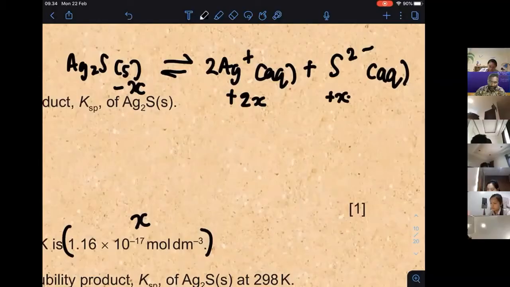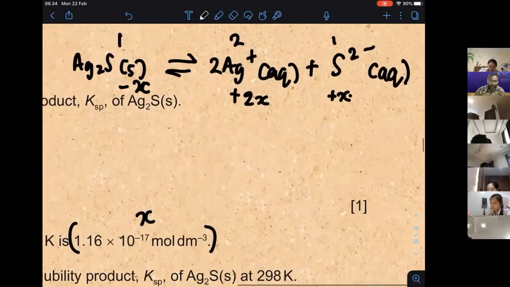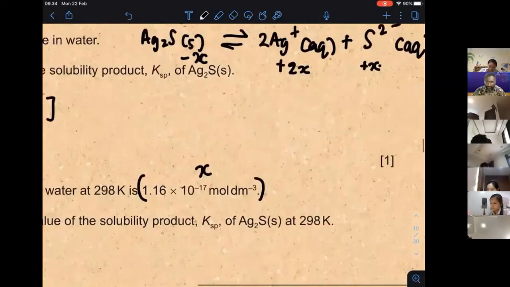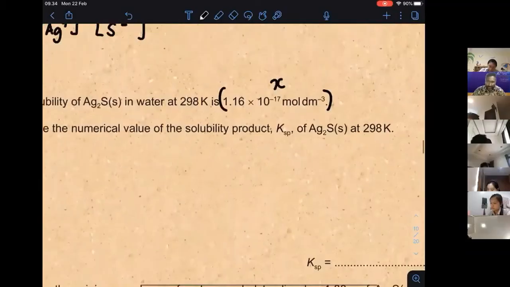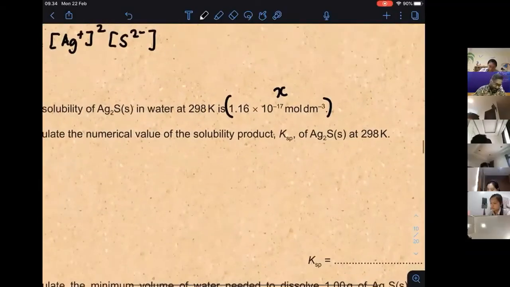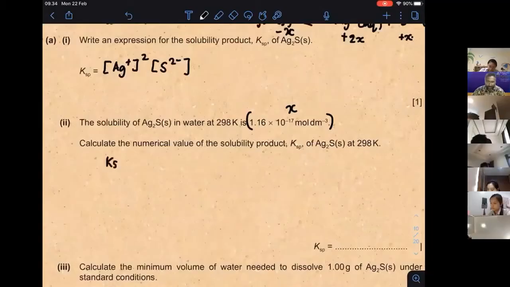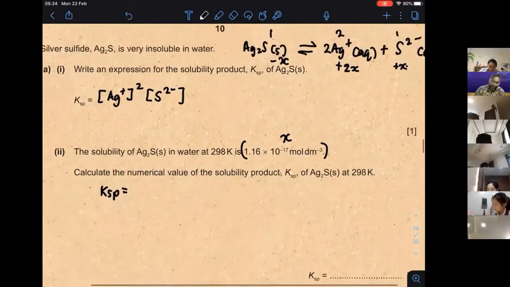So here, if I want to calculate the numerical value of the solubility product, the Ksp is supposed to be the concentration of the silver ion, which is going to be 2X.